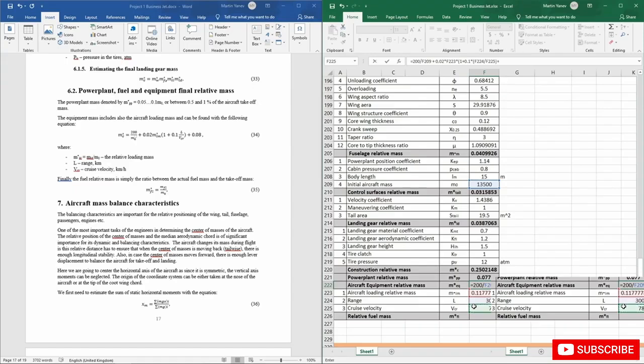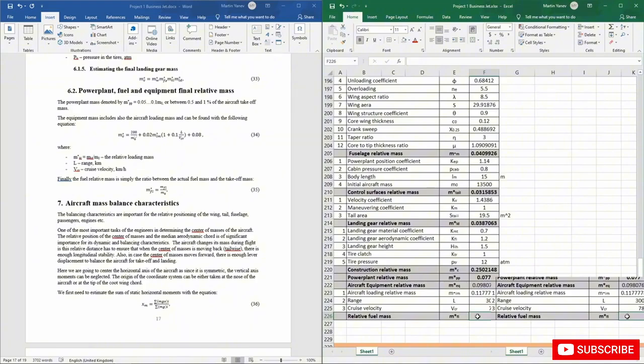That's it. And then plus 0.08. Let's see what I missed here. So yeah, I can see that I missed a bracket. So here I need to close this bracket, okay? And then this will be equal to 0.098. So it's actually almost 10% of the total mass of the aircraft, which is quite a lot. I mean, the whole equipment and the loading of the aircraft, it's actually quite a lot.